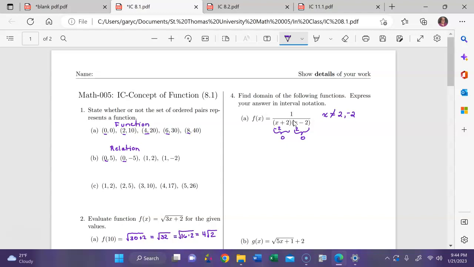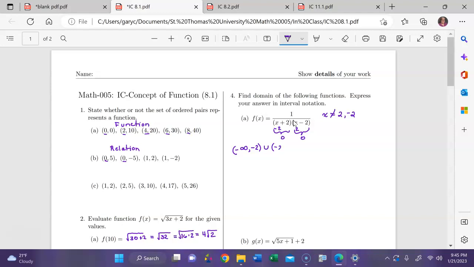Interval notation, remember, is going to have our -infinity in this case, because it's all numbers other than the 2 and the -2. So I go from -infinity to -2, and again I'm using parens here because I'm not including the -2.